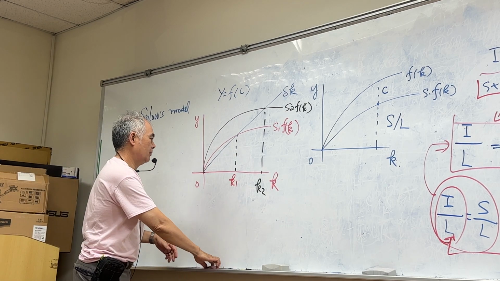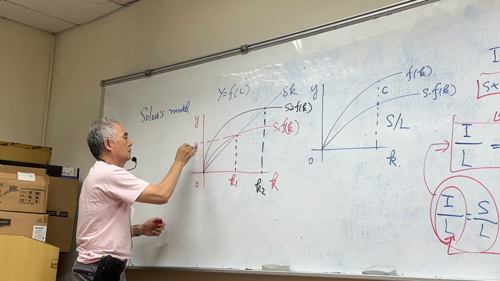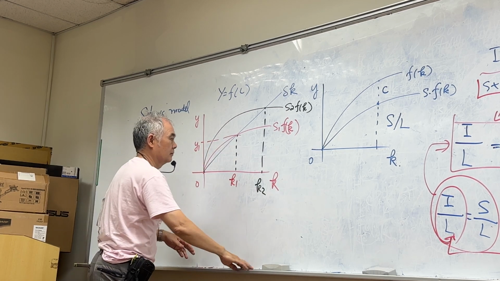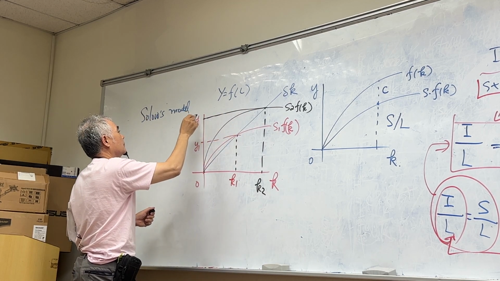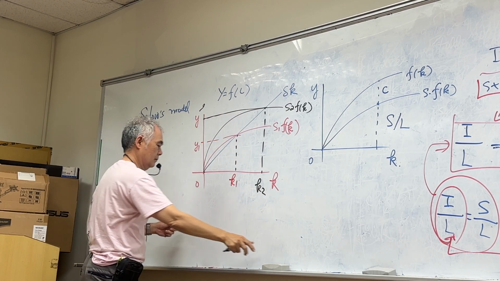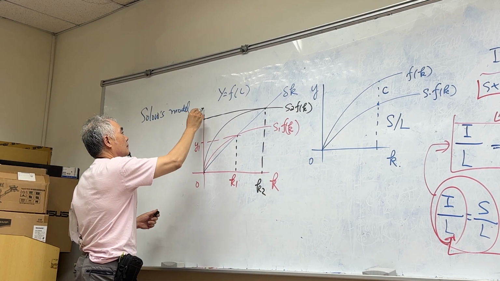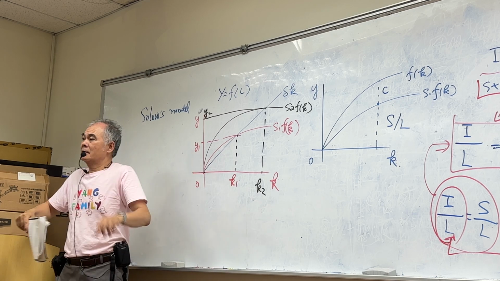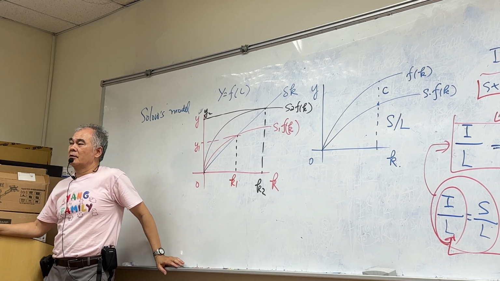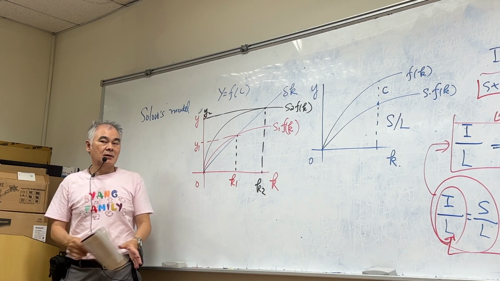Output level goes up or down? Okay, saving goes up. What about output level? It goes up. What about capital level? It goes up.